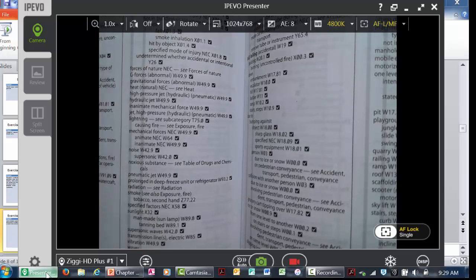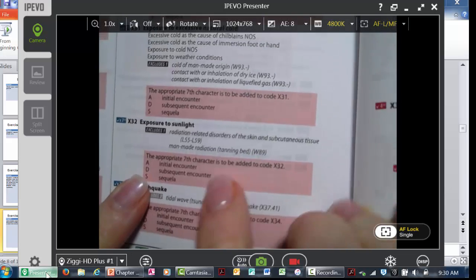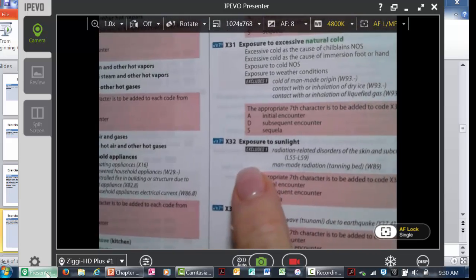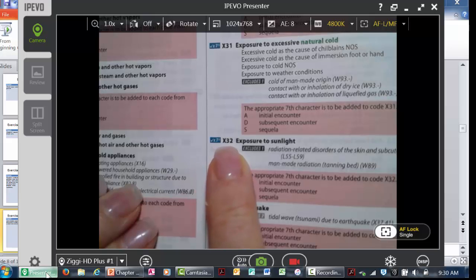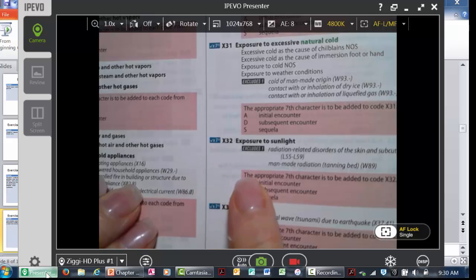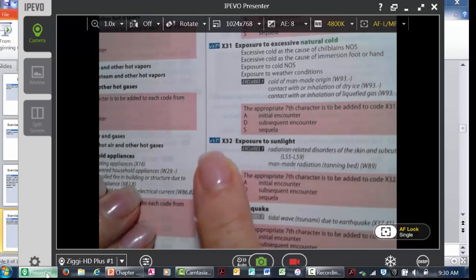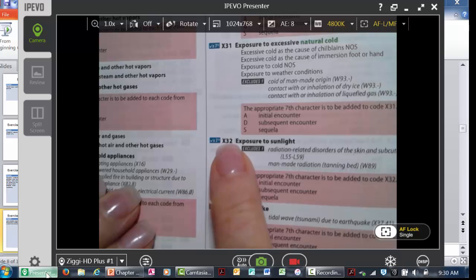Then you go back to the tabular and look up your X32. When you get to X32, see this little 7th here? We know we need 7 characters for X32. The 7th character is going to be our encounter, which I believe our documentation said was an initial encounter. So our 7th character is A, but we have only 3 characters, X32, so we have 1, 2, 3.